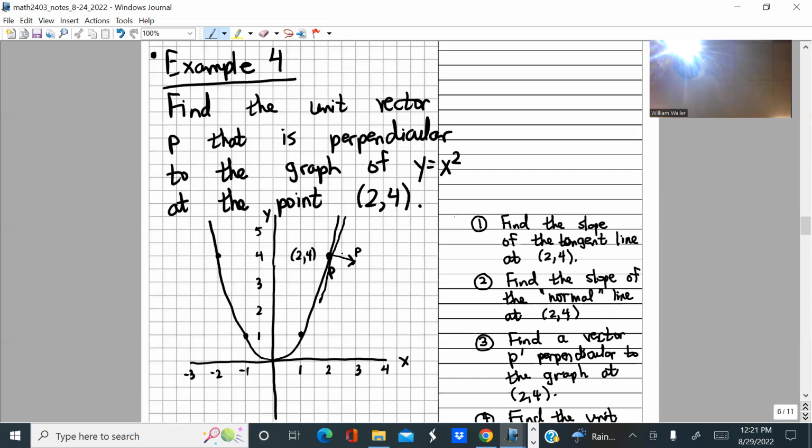Well, perpendicular lines meet at a 90-degree angle, an orthogonal angle. But analytically, how can you tell that the angle they're meeting at is 90 degrees? How do you know it's not 89.9 or 90.1?